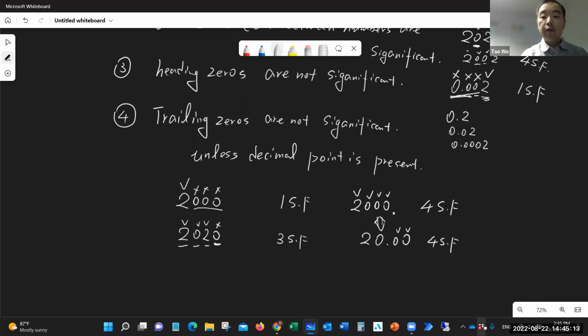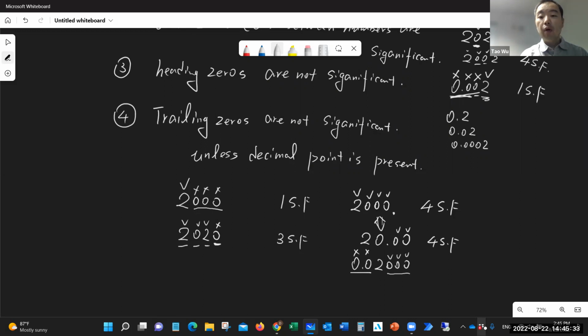All right. If you put 0.02000, in this case, the decimal is in front of the number. Then based on the rule, heading zeros don't count, right? Trailing zeros, once we have a decimal, those count.